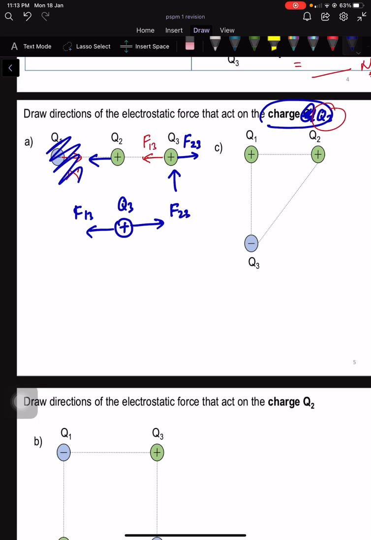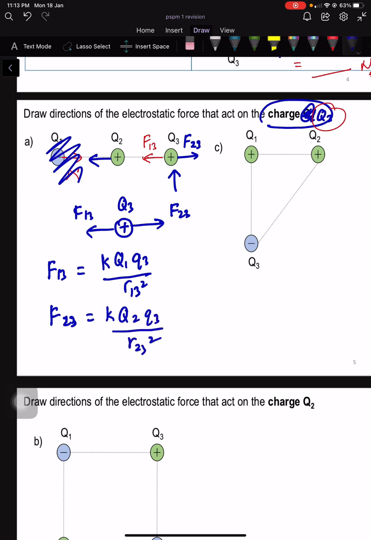Okay, so when the question asks you to determine the value of the electrostatic force, then you will continue with the calculation. You can calculate F13, you can calculate F23. Let's say I choose only one example. F13 means you use the formula k Q1 Q3 over R13 to the power of 2. If you calculate F23, k Q2 Q3 over R23 to the power of 2.